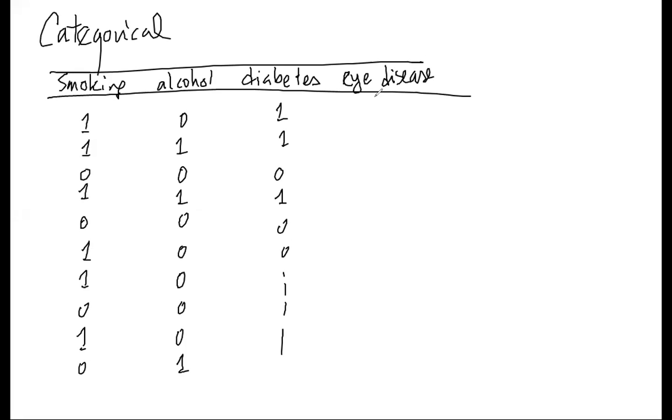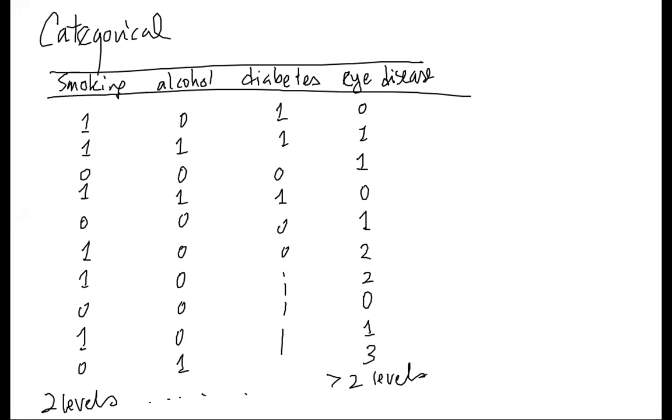So you may have different codings for the eye disease. 0 for no disease, 1 may be coding for something, maybe cataract. 2 is maybe dry eyes, and maybe 3 is some kind of conjunctivitis. So you can have multiple levels. This one is 2 levels, but this one can be more than 2 levels. So in this case, how do we do variable selection?